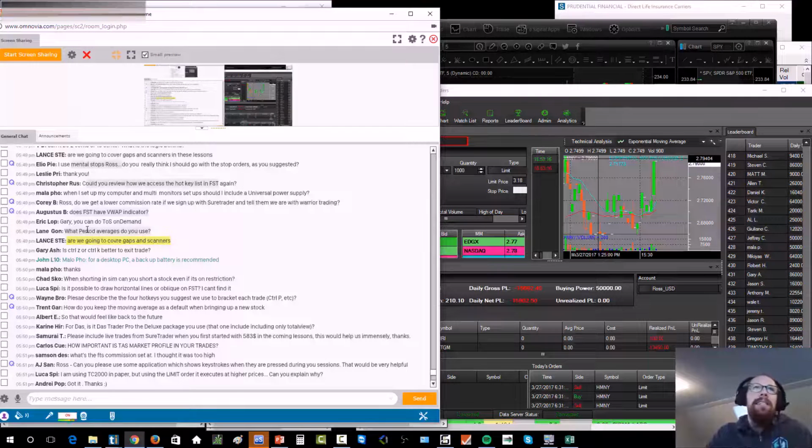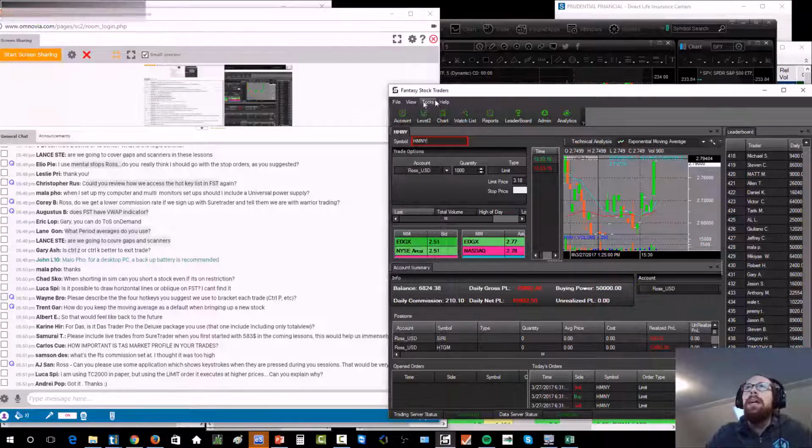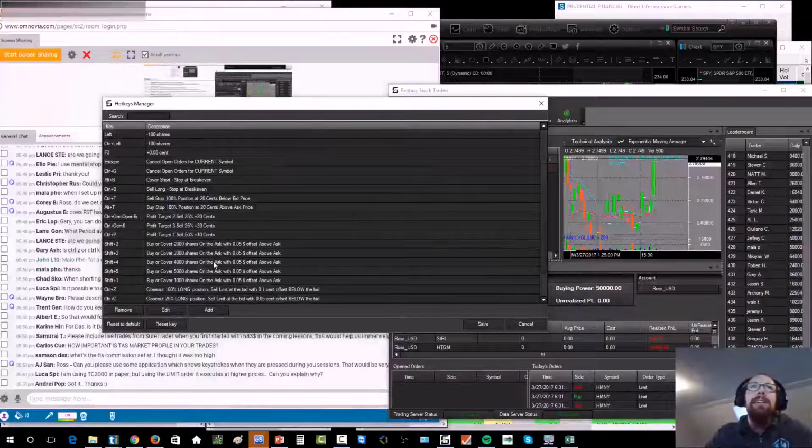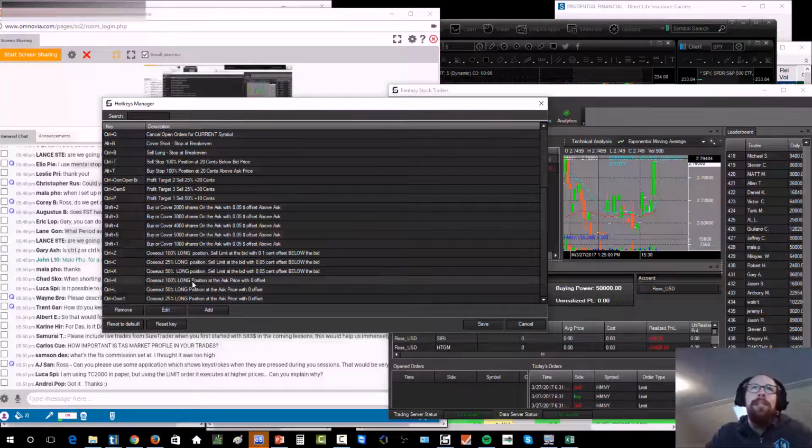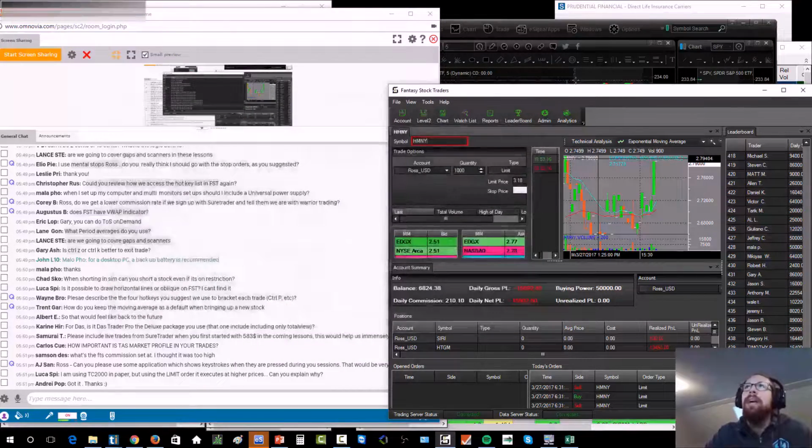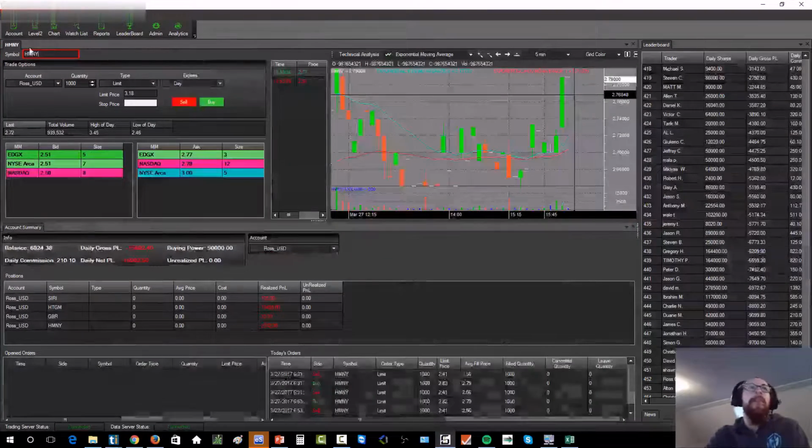Control Z sells the whole position at the bid price. My hotkey for selling as a bailout is Control Z. Control K sells at the ask price. So if you're selling at the ask price, you have to wait for a buyer to come buy those shares.